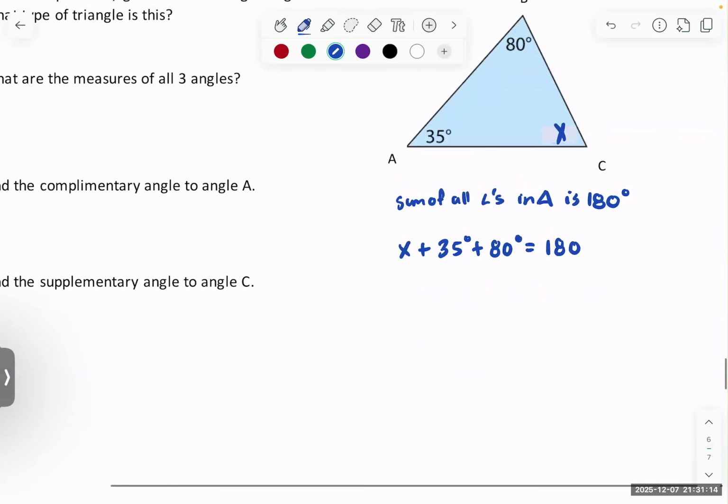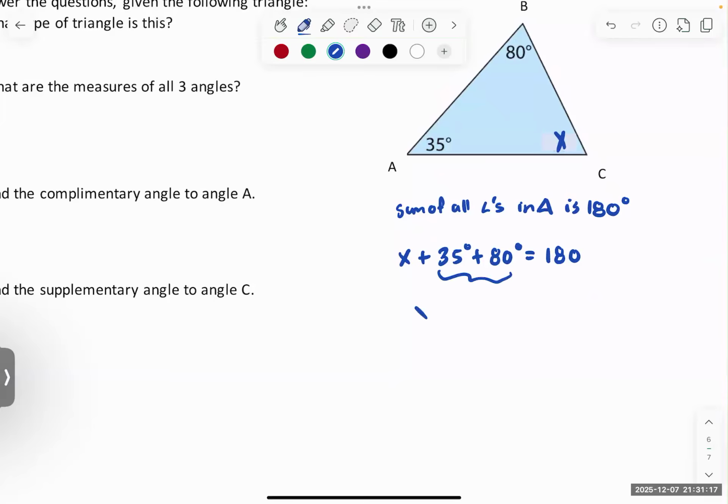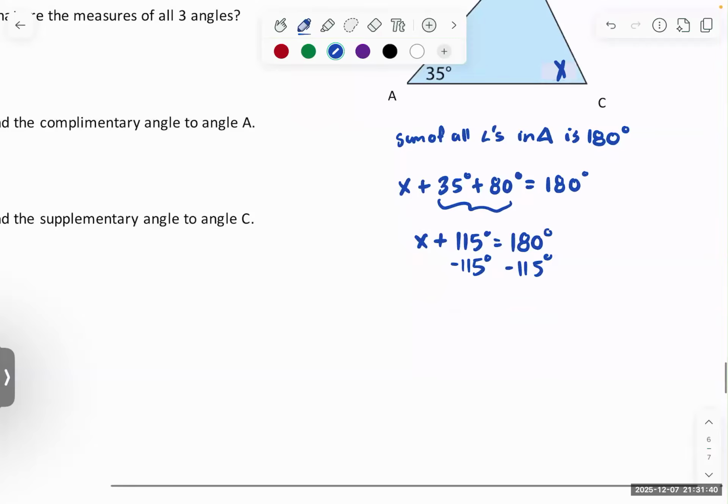So 35 plus 80, I'm going to combine that, x plus 115 degrees equals 180 degrees. Subtract 115 from both sides, and we get x equals 65 degrees.